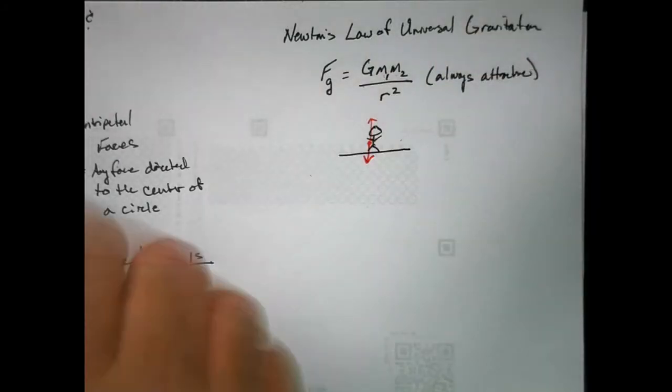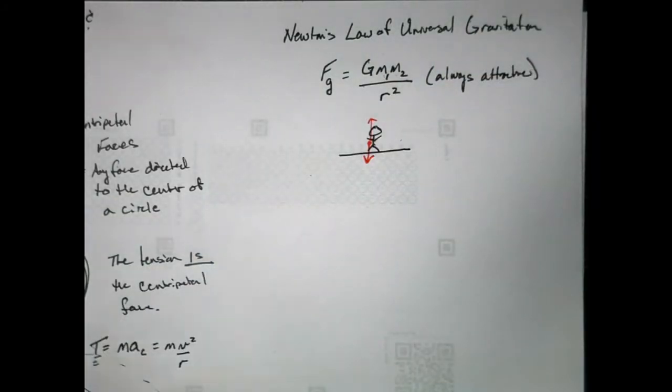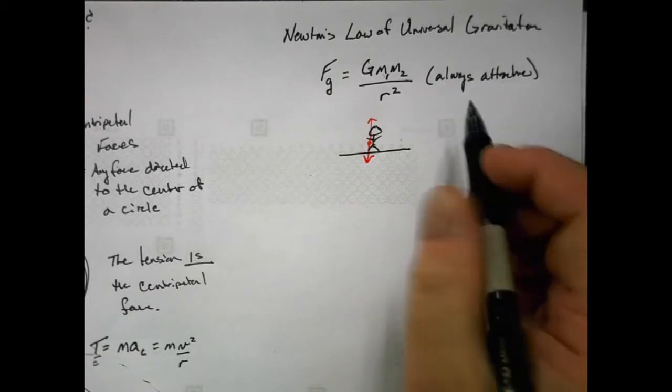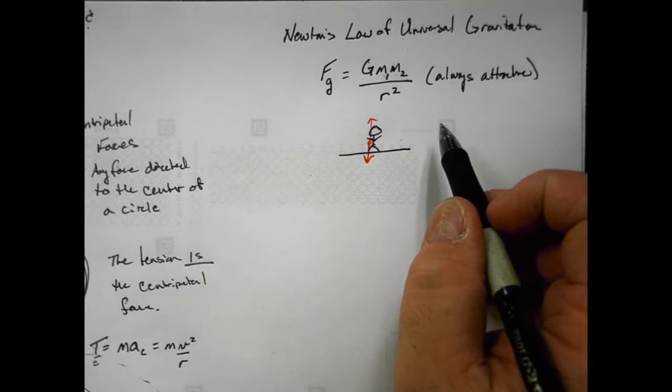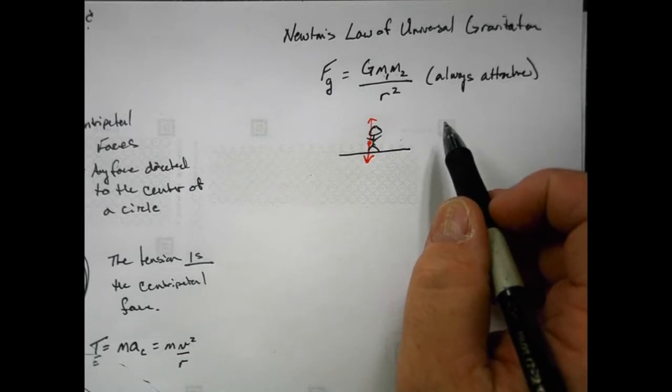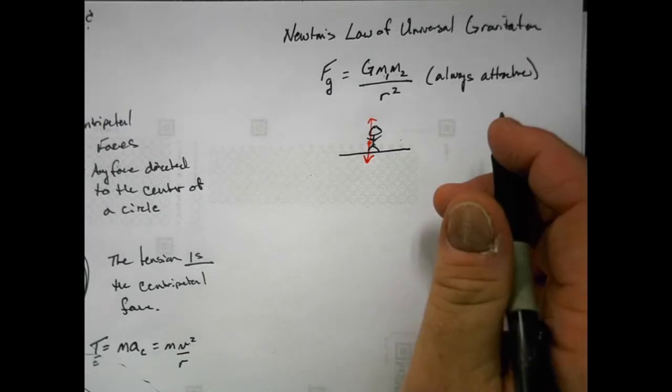All right. So this can then be used to determine how fast you need to travel at any particular distance from the Earth in order to stay in orbit. Yeah? And how do we do that?